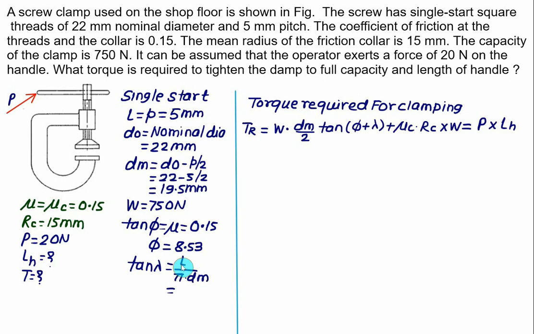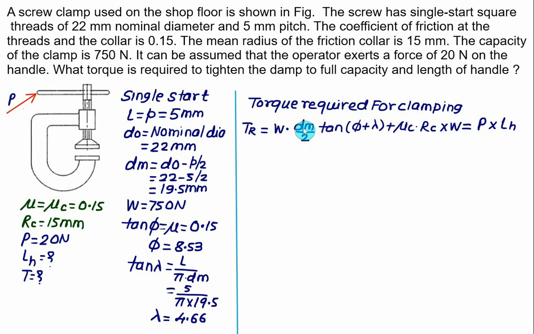Because of single start, lead is equal to p, which is 5, divided by pi times dm, and we have dm equal to 19.5. Take tan inverse and find the value of lambda as 4.66 degrees.